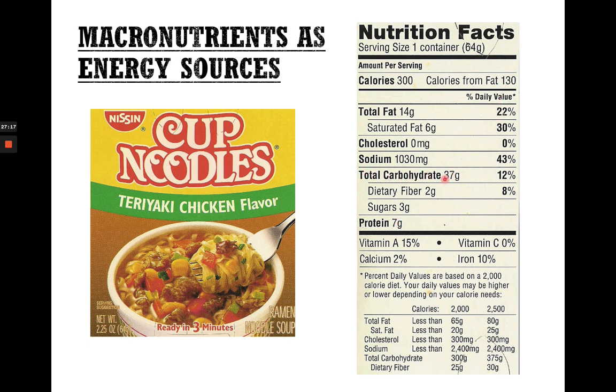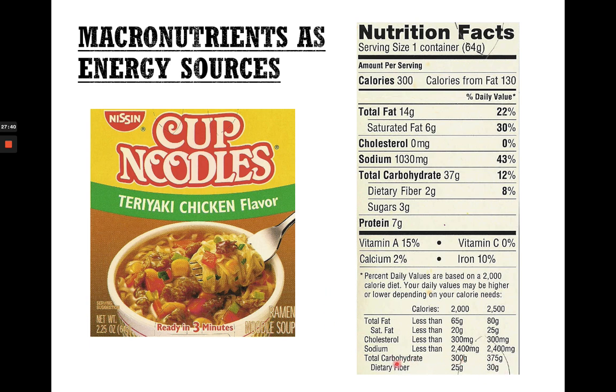But here's our carbohydrate. The daily percentage value is only 12%. What is the recommended dietary amount that they want us to get? It's actually 58%, so we'd have to eat a lot of ramen noodle soup in order to get to 58%. This is why a varied diet is far better.